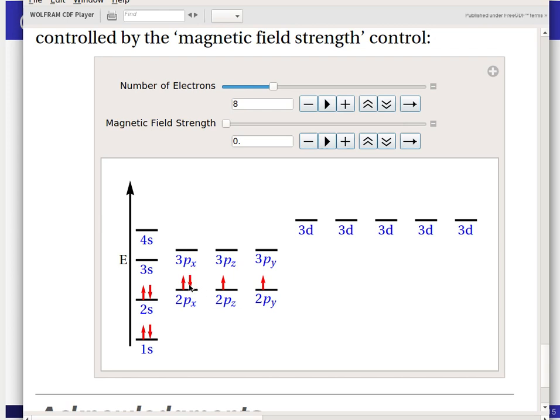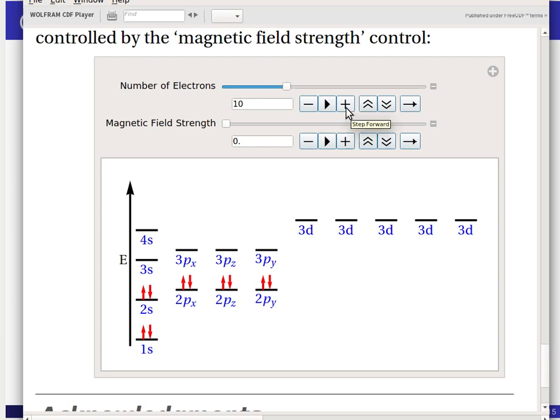Now, I arbitrarily chose the px orbital to add the electron. That would have been energetically equivalent to putting that 8th electron in any one of these 3 p orbitals. So then we can go up from there, fluorine, and then form our noble gas, neon in this case. So once we've hit neon here, now we've filled up all these orbitals.